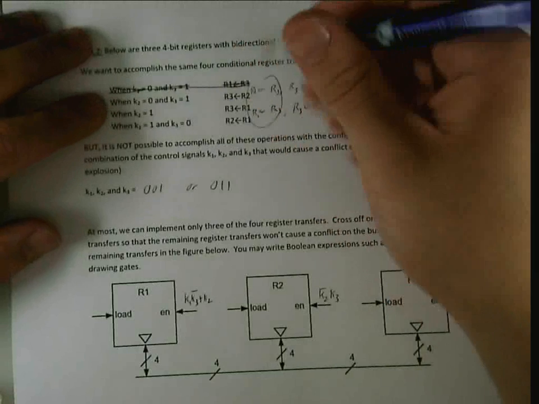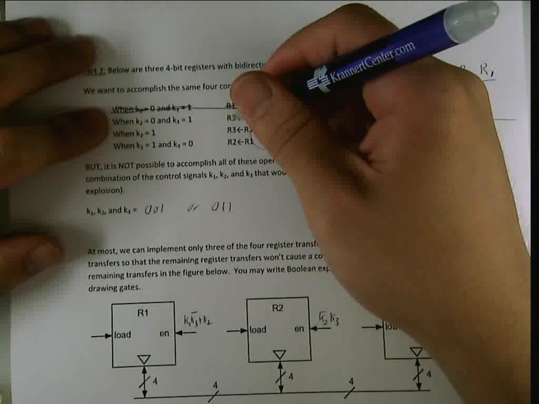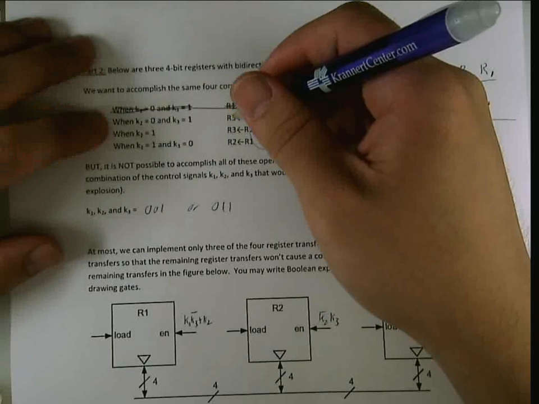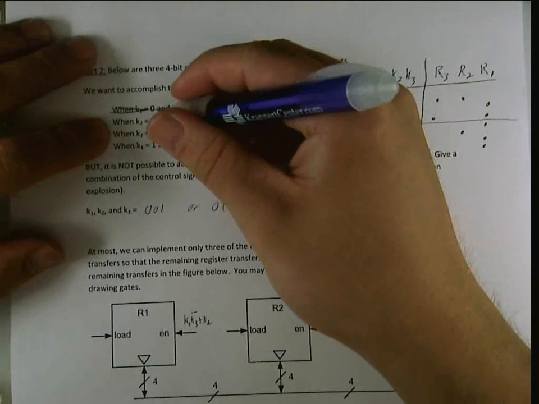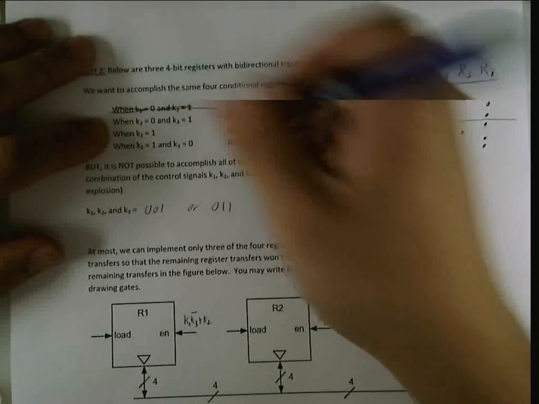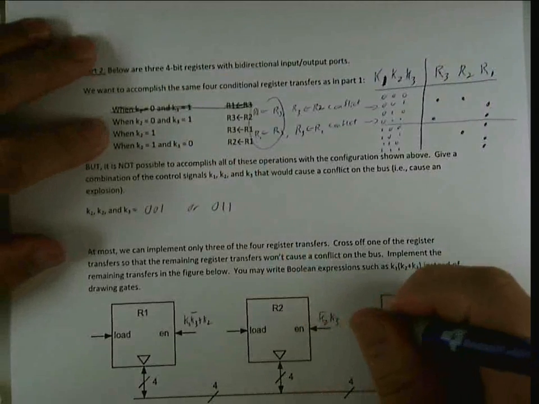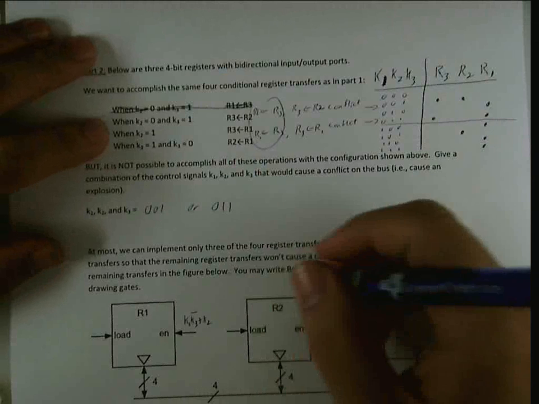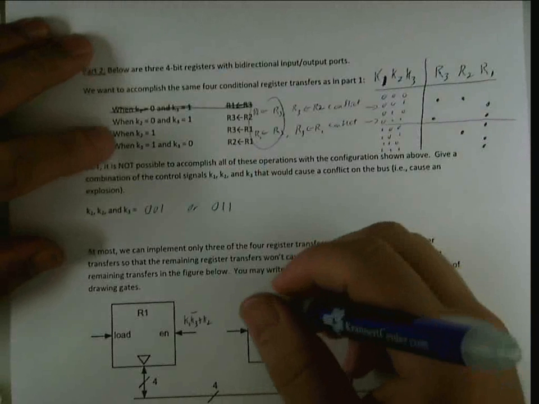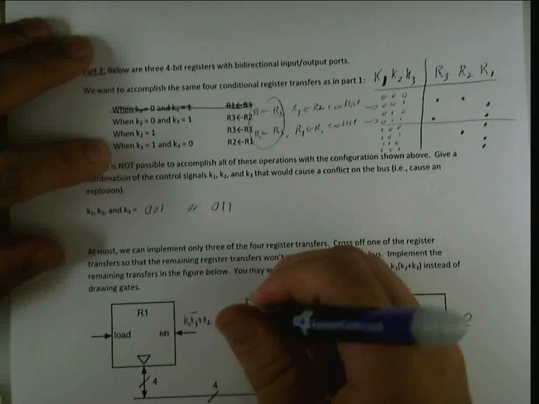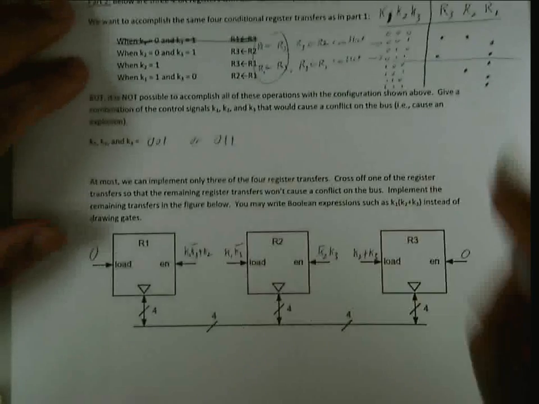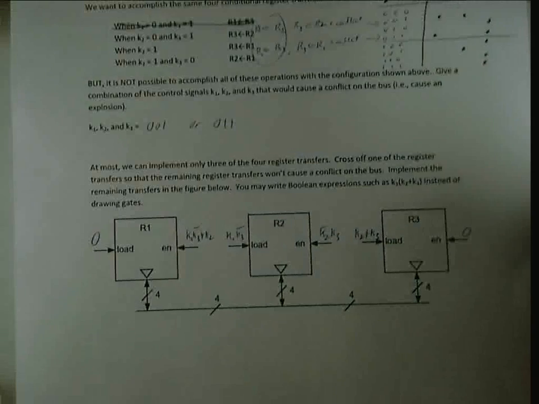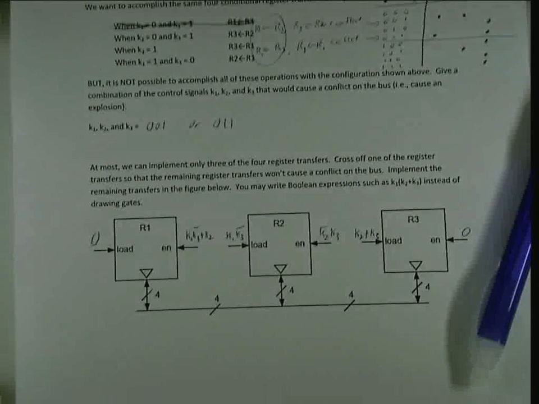We want to figure out when we load these, so we load R3 on K2 or K2 bar K3, so this is K2 or K3. We load R2 on K1, K3 bar, and we don't ever load R1. And that completes problem 3.